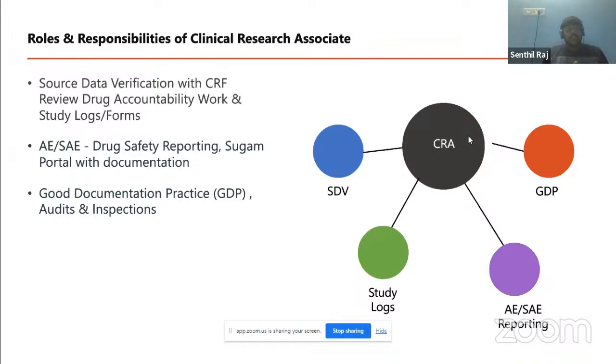So CRA work will, the majority of the time, be oversight only. Once source data is entered, in some of the trials there will be a pharmacist or a research officer, a research nurse kind of person, who will be doing drug accounting also.